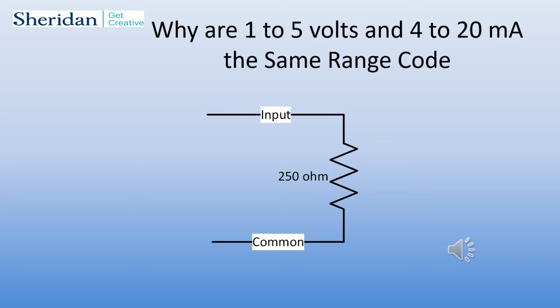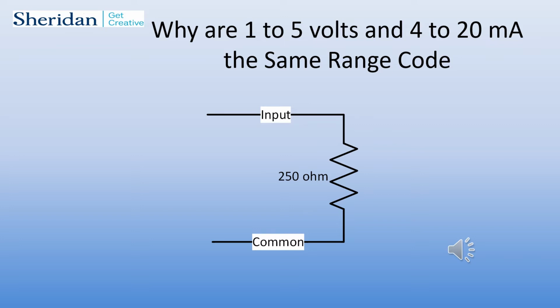So the analog module really only reads 1 to 5 volt, but the resistor built in there converts that 4 to 20 milliamp signal into the 1 to 5 volt read by the module.